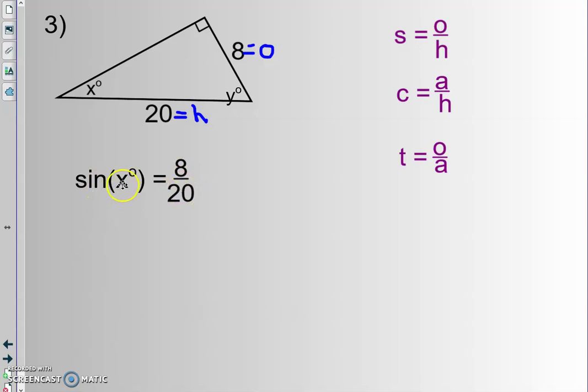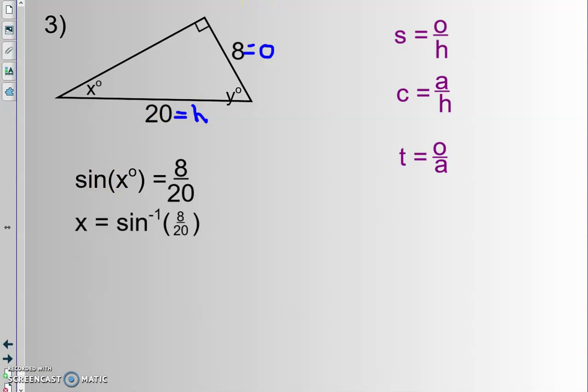Now, this is a little bit different. What do you think the only thing is out there that's strong enough to get rid of sine? Well, I hope you said the inverse sine. So we take the inverse sine of both sides. Inverse sine cancels out sine.